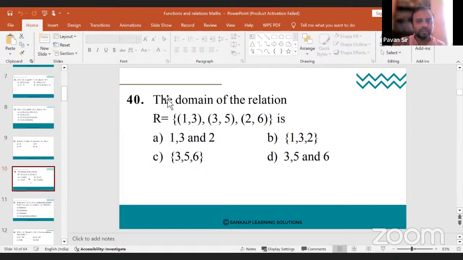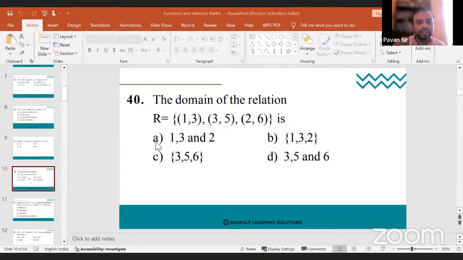Many of you have given the answer B, B, B, B. Let me see that. Domain of the relation R is nothing but 1, 3, and 2. 1, 3, and 2.